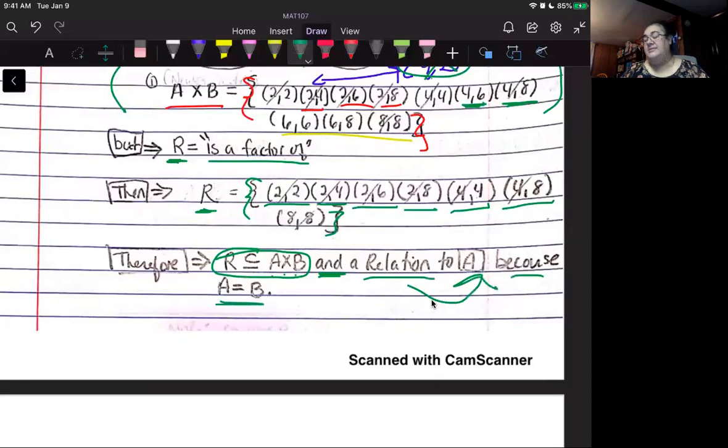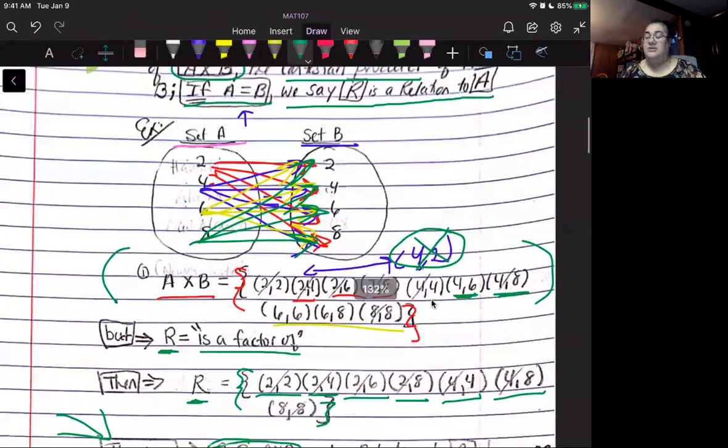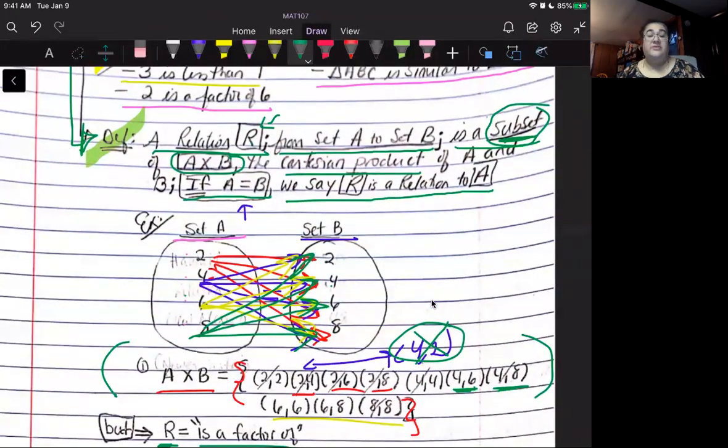Because set A and set B were equal to each other. And therefore, here we fulfill all the points of the original definition of what a relation is.